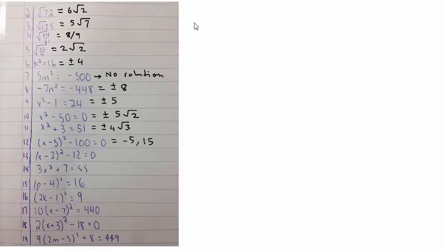Number 13, let's write that down. x minus 2 whole square minus 12 is equal to 0. Your first job is to take the 12 on the other side by adding 12. So that gives us x minus 2 whole square is equal to 12.